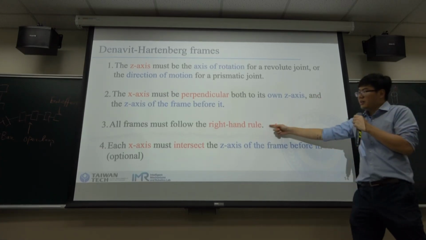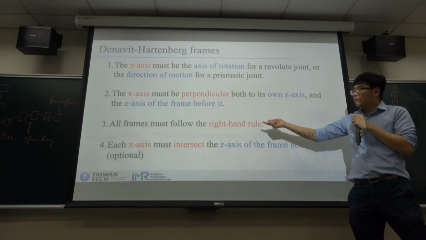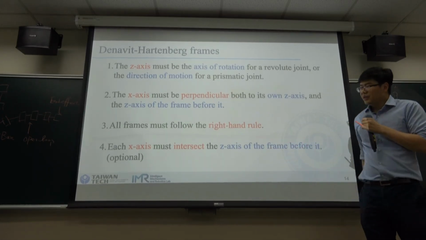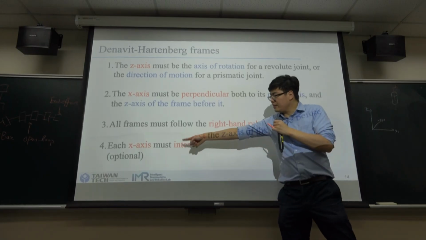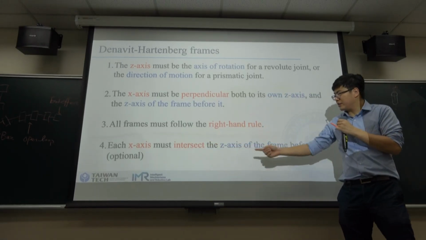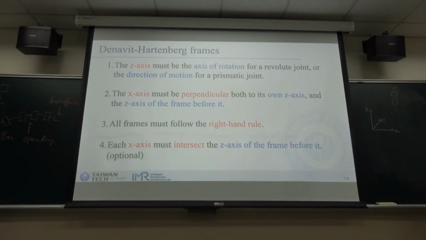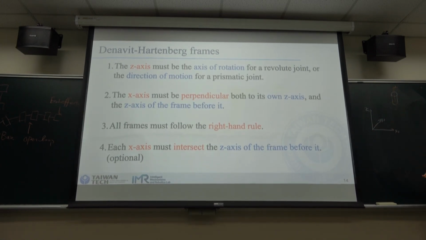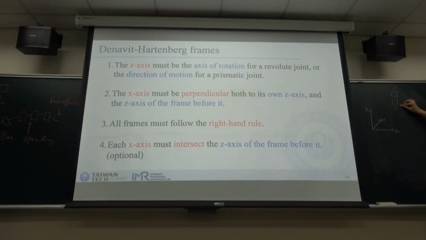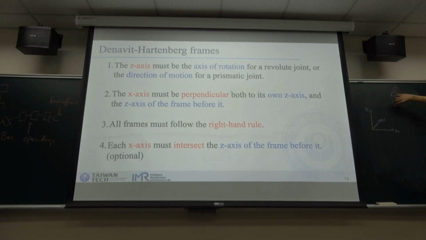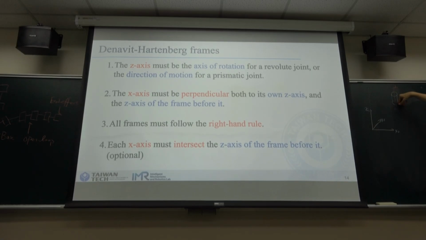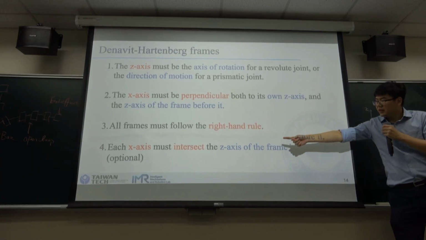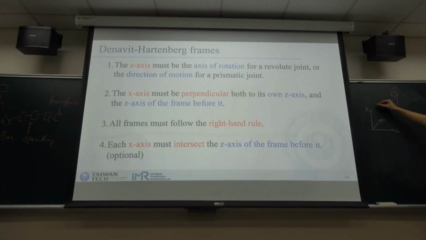And the third one is all the frames must follow the right-hand rule. And these are extra rules. The x-axis must intersect the z-axis of the frame before it. So we know that z0 is here, and the x-axis is some direction over here, and we want it to intersect z0.